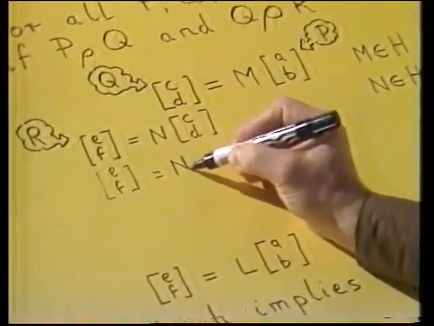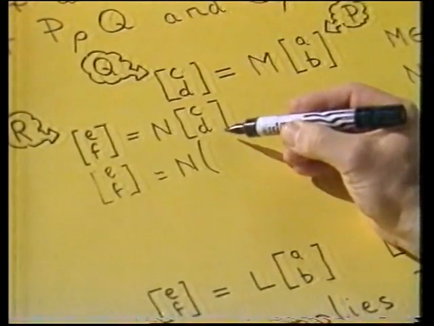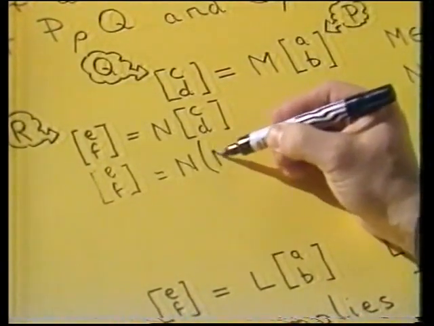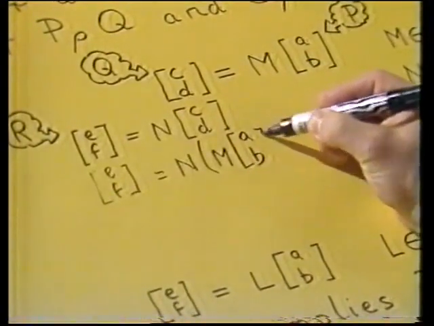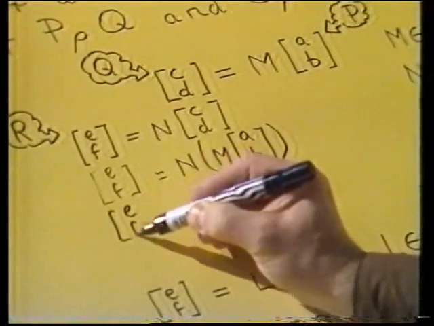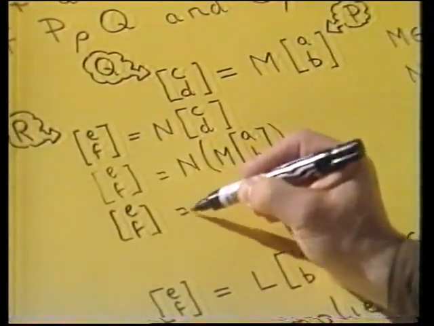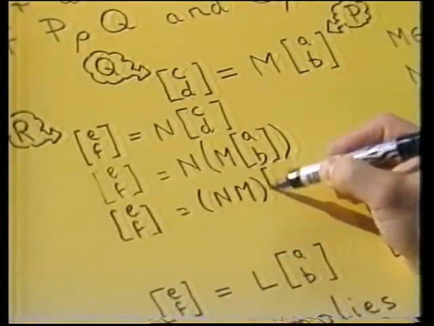I get the coordinates of R are N times the coordinates of Q, which in turn are M times the coordinates of P, which gives me that, or writing it another way, coordinates of R are NM times the coordinates of P.